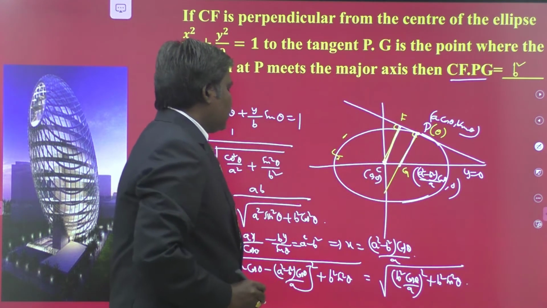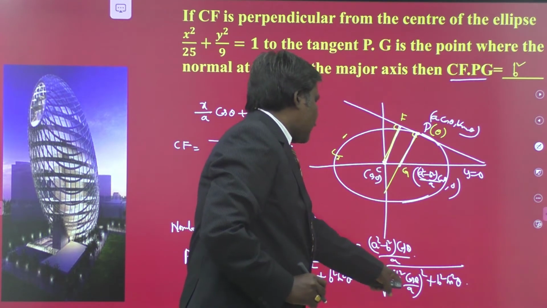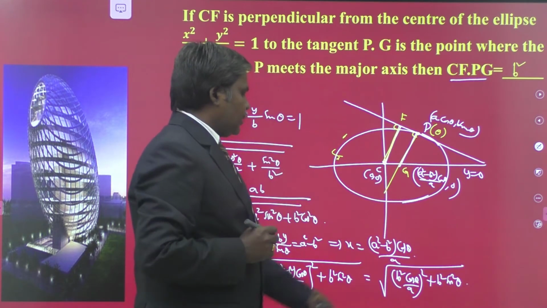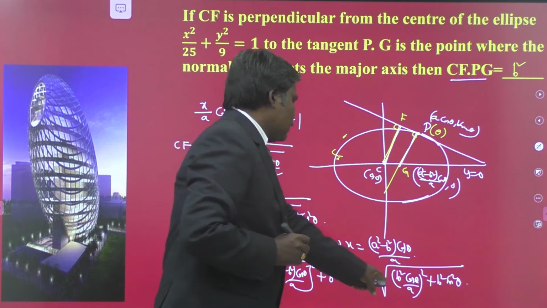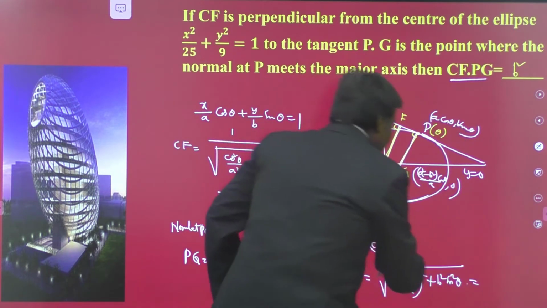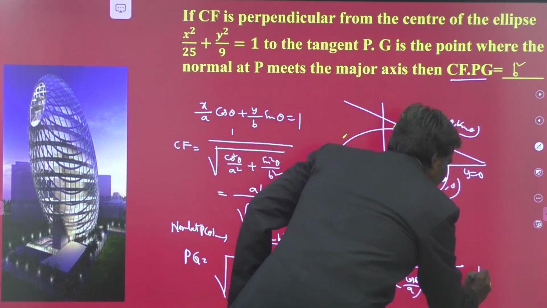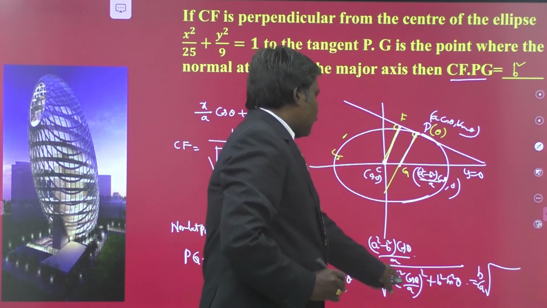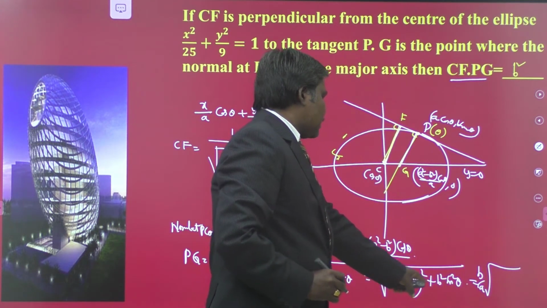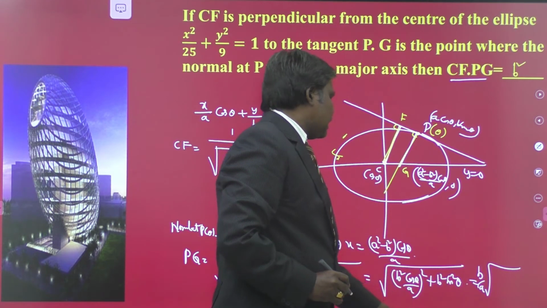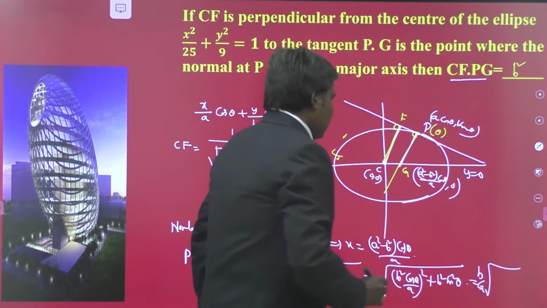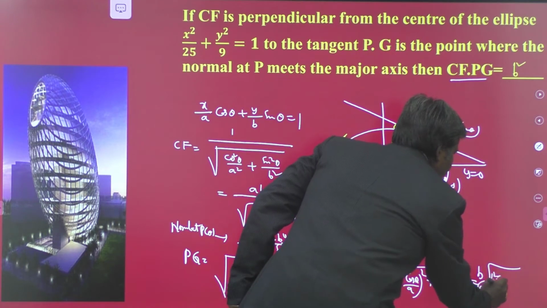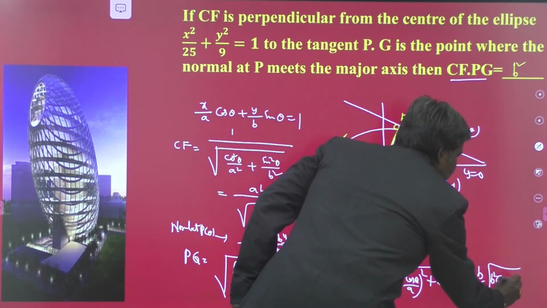Am I correct or not? Now you can take B square by A square common. So if it is coming outside, B by A times root of, B square cos square theta plus, by taking the LCM itself, A square sin square theta is there.